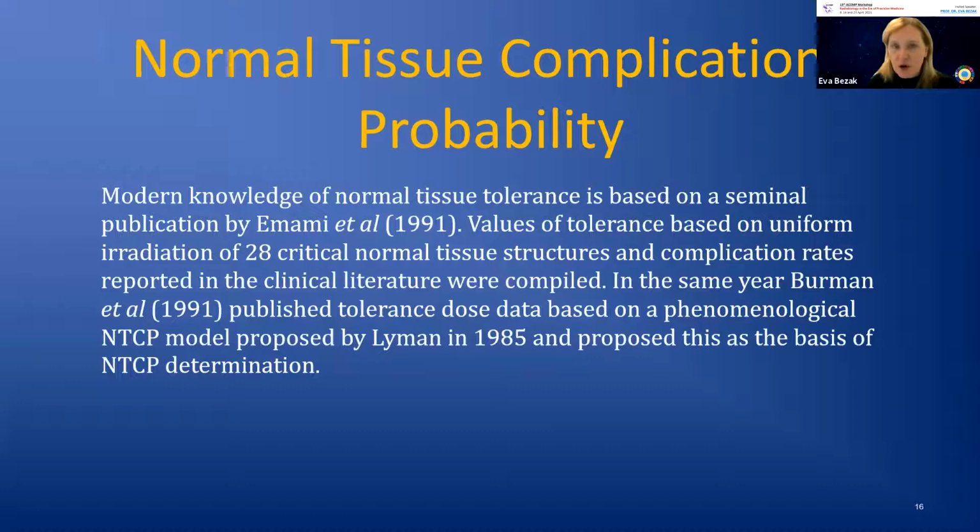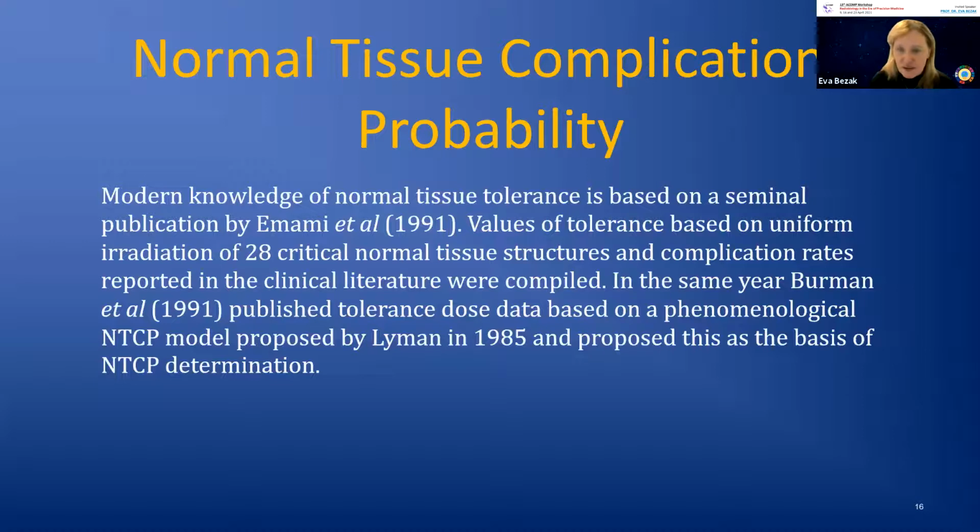Let's now talk about the normal tissue complication probability. The modern knowledge of normal tissue tolerance is based on a seminal publication by Emami, published in 1991. And this is a must for everyone who works in medical physics, radiation biology and radiation oncology.